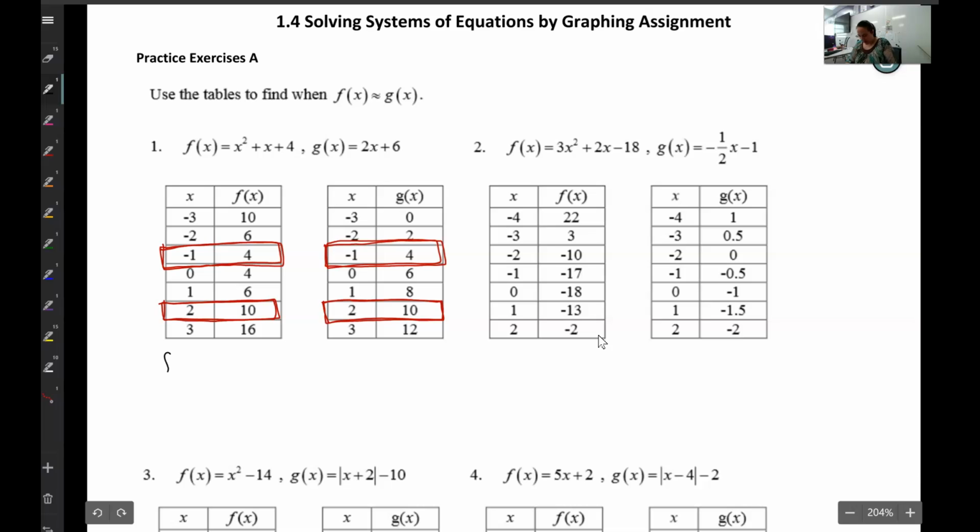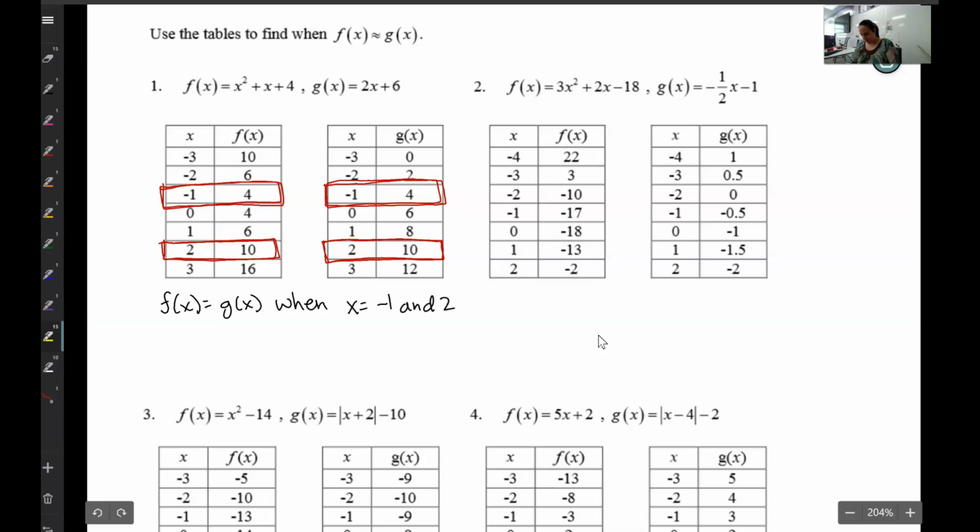So we would say f of x equals g of x when x equals -1 and 2. Those are the x values where they're the same. And there we're done. Tables number 2 and 3 are homework.